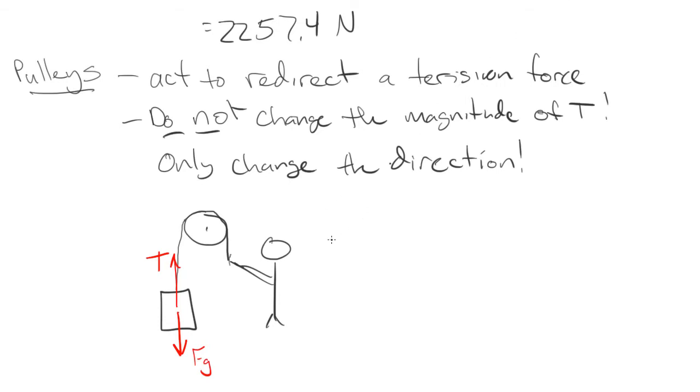So let's say the force due to the person. How hard does that person have to pull down? So that it doesn't accelerate. How hard do you have to pull down just to support the weight?